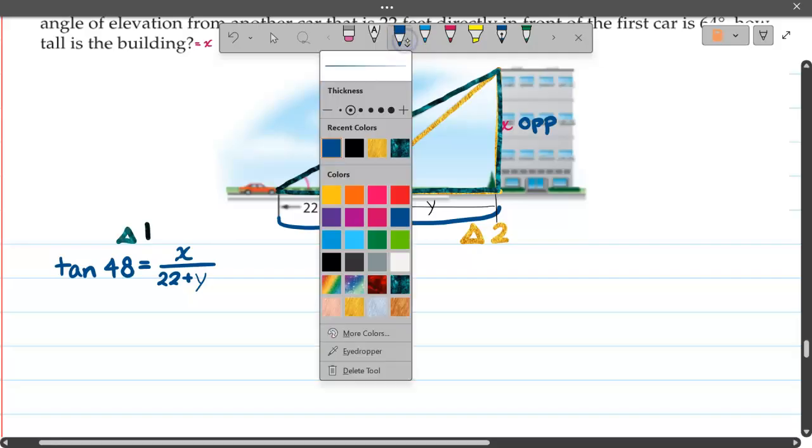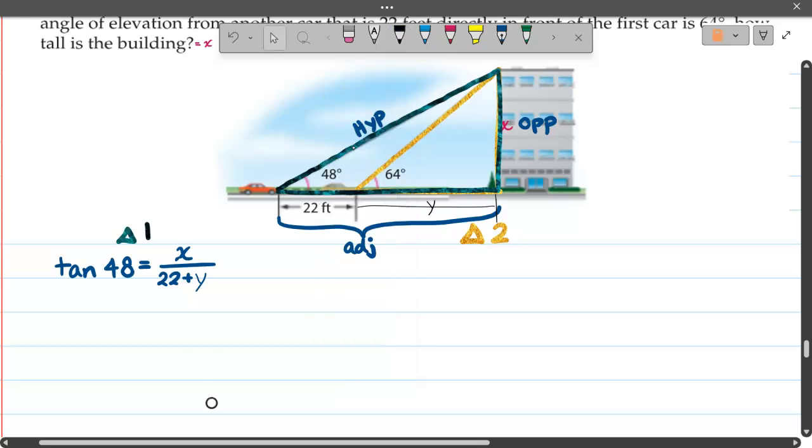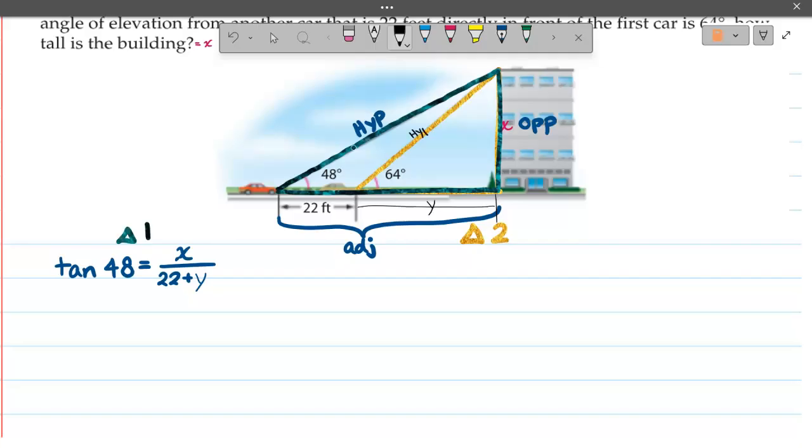All right, in two variables we can't solve, so we give up. And we go over to the other triangle. In the other triangle, we know that this is the opposite, this is the hypotenuse, and this is the adjacent. So again, we can set it up. The tangent of 64 degrees is the opposite over the adjacent.